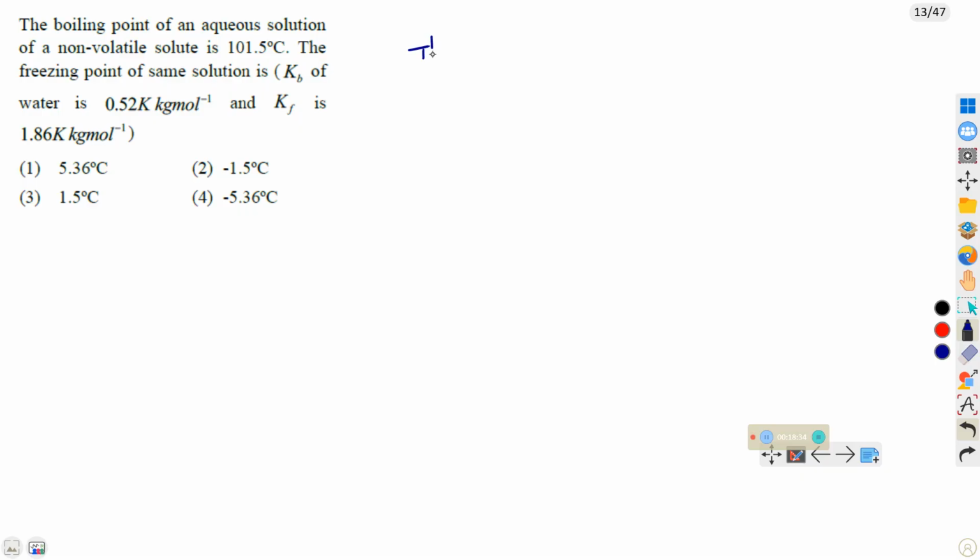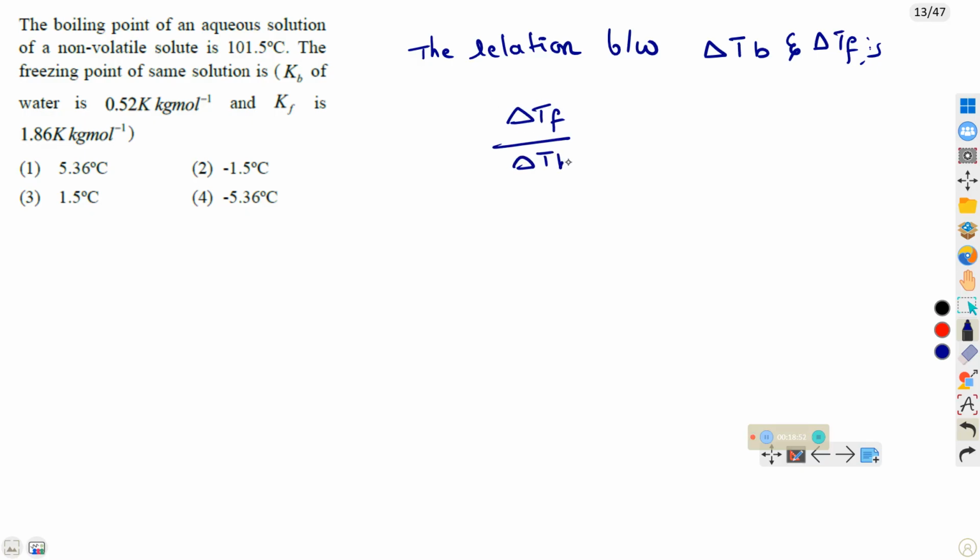First of all, the relation between delta Tb and delta Tf is delta Tf by delta Tb is equal to Kf by Kb.